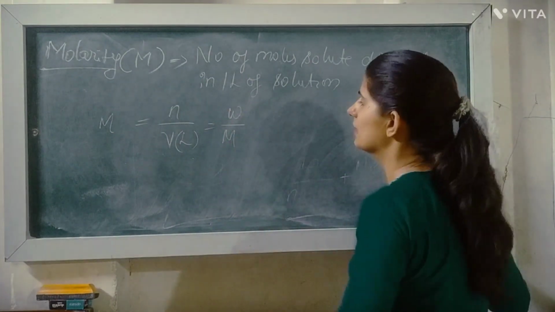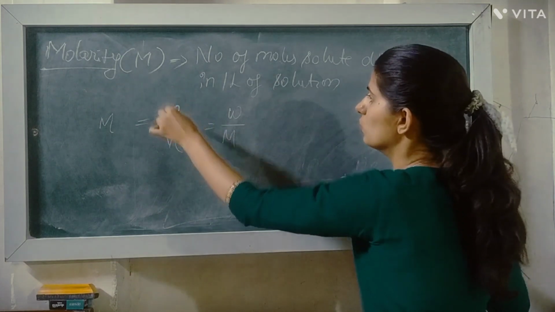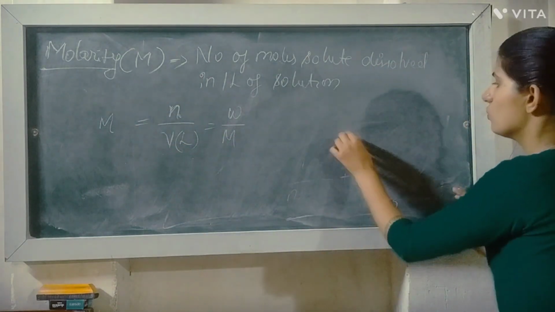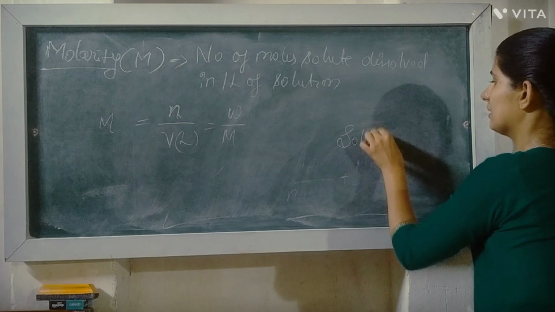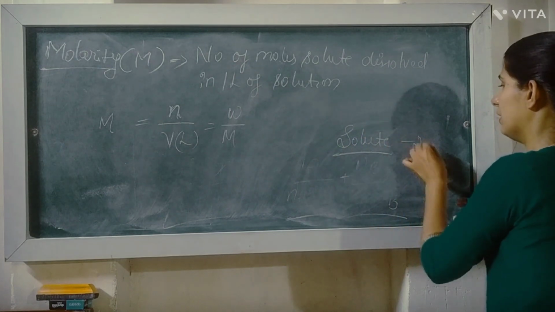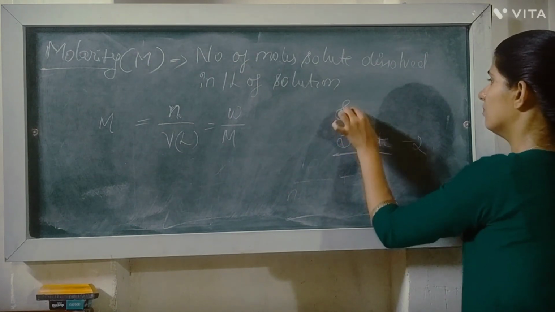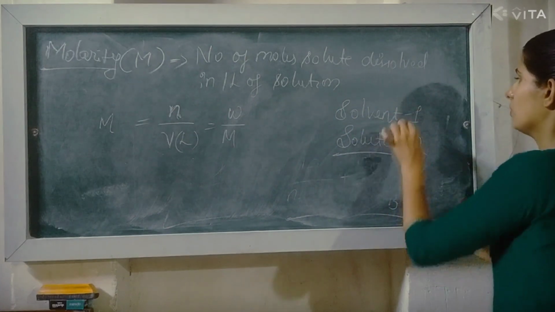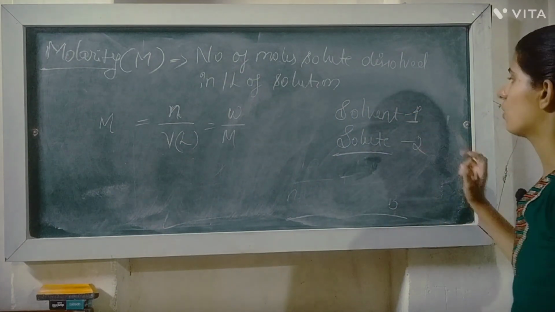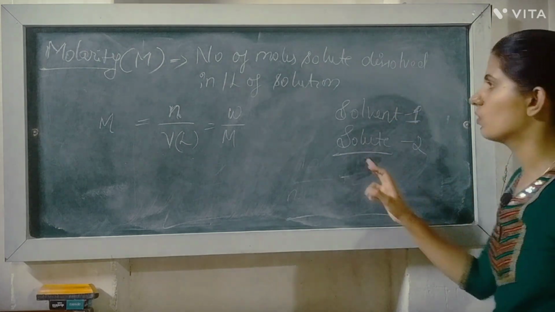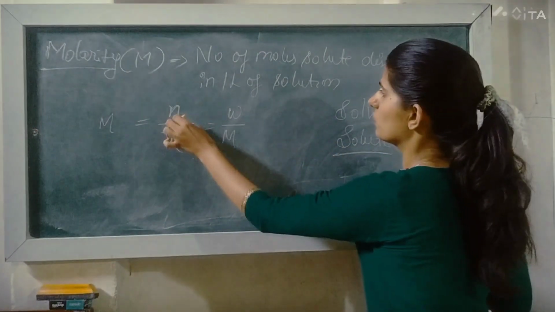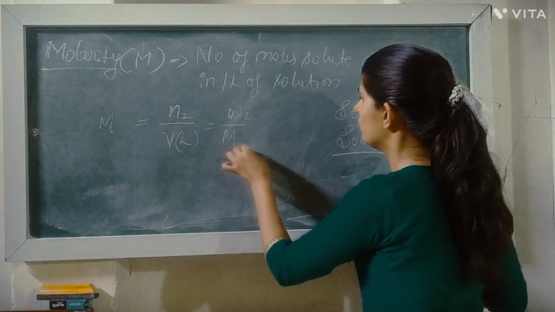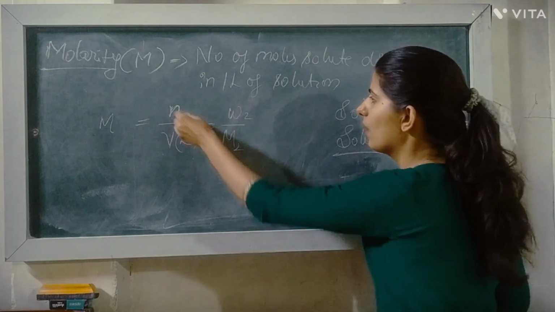Generally we know that solute is always considered as the second component and solvent as the first component. So this is the number of moles of solute, so I'm going to write 2. Mass by molar mass is for N, and we have volume in liter.